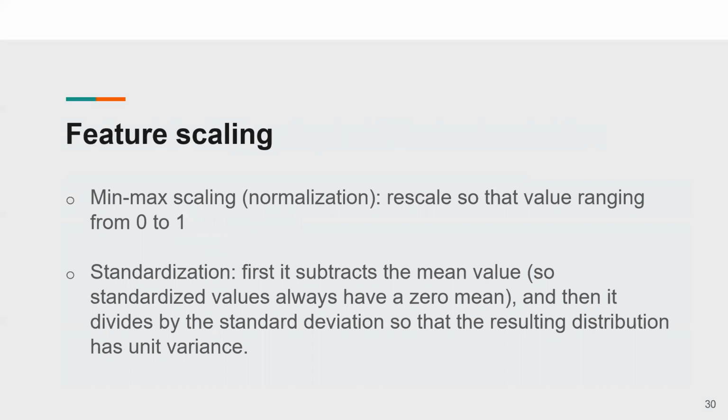You potentially want to do something called feature scaling. One way is called min-max scaling, which is also called normalization. What you do is you rescale so that the values range from 0 to 1.